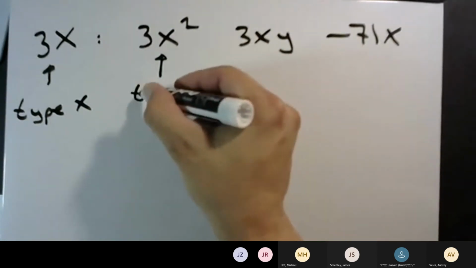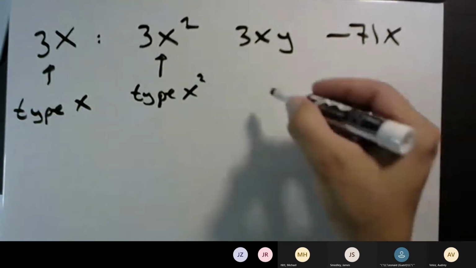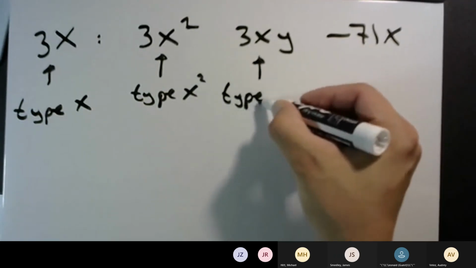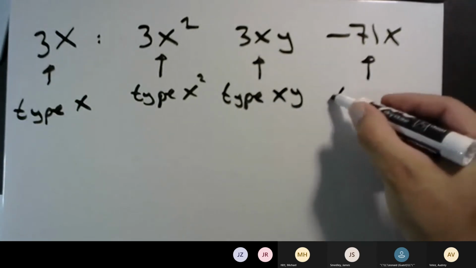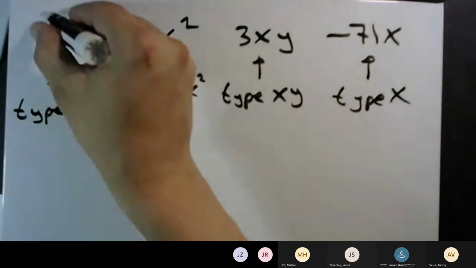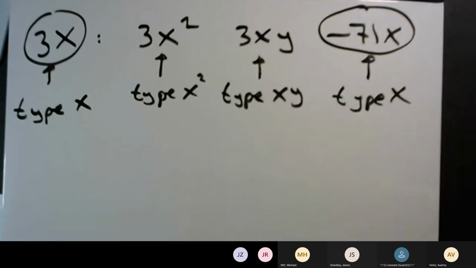So this is a type X squared, and this is a type XY, and this one is a type X.